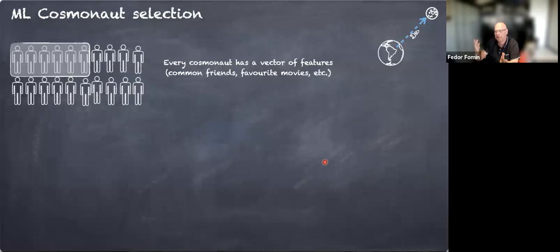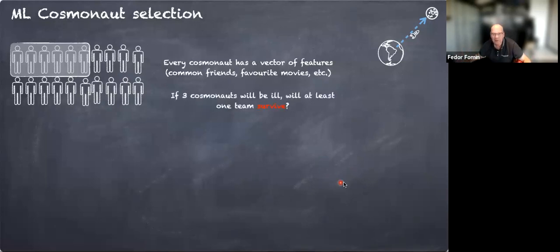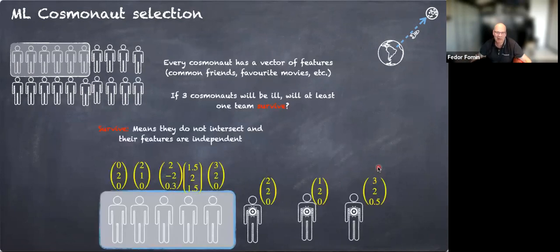We want to form the minimum number of teams such that at least one team always contains 6 healthy people. So if 3 cosmonauts are ill, will at least one team survive? But now I changed the definition. What do I mean by survive?